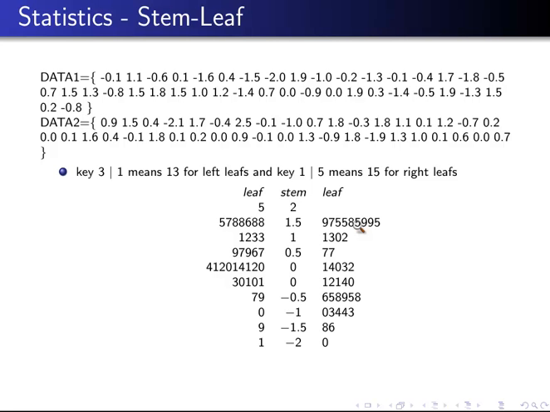So we pretty quickly fill this up. It's autopilot work. It's not complex. And then we do the same for the left. So now, once we've done that, we've created our back-to-back stem leaf plot.